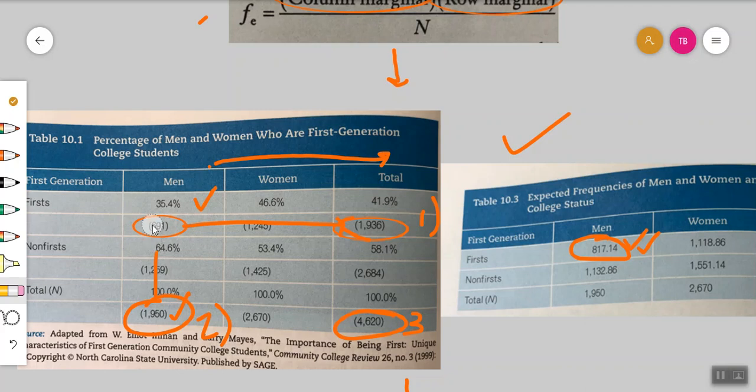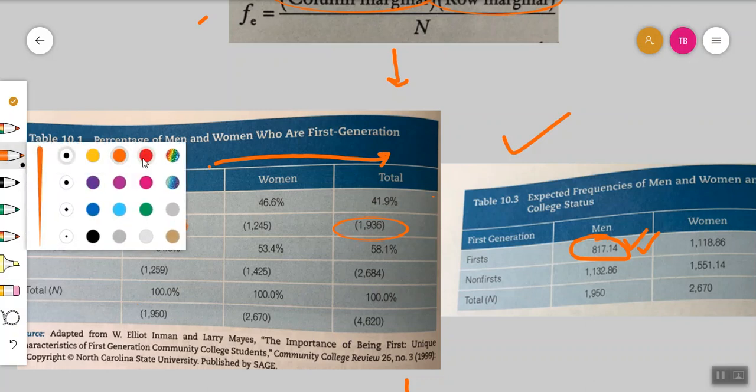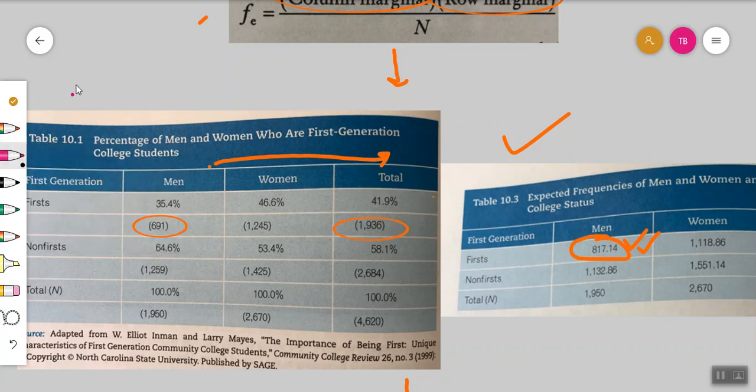I'll do a quick erase. Some of these are not going to erase. So let's just switch out the color here. Okay, so let's go ahead and do this one over here. First generation women.